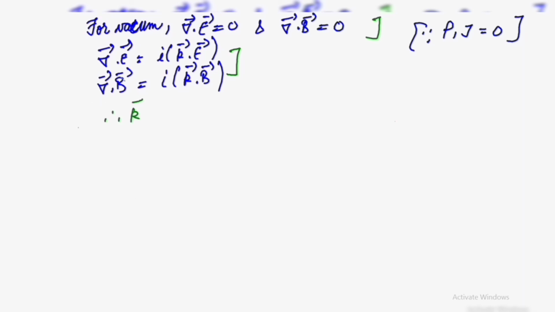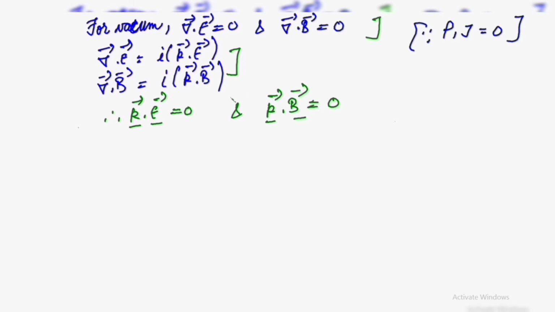Therefore k vector dot E vector is equal to 0 and k vector dot B vector is also equal to 0. So this shows that our electric field vector is perpendicular to the propagation vector, and the magnetic field vector is also perpendicular to the propagation vector.